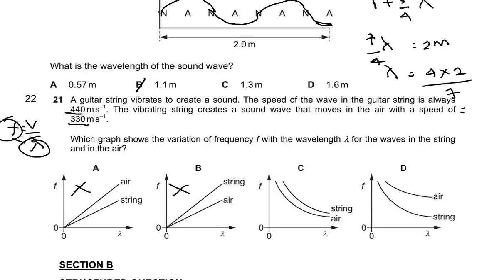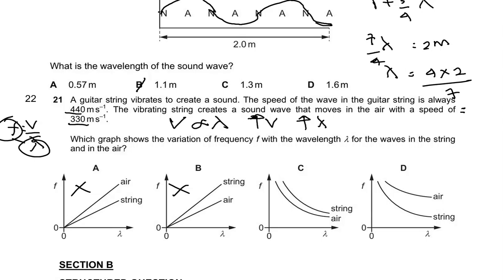So look at C and D. What's different between C and D is we have to focus on the speed. The speed of wave and wavelength are proportional. So the higher the speed, the longer the wavelength.